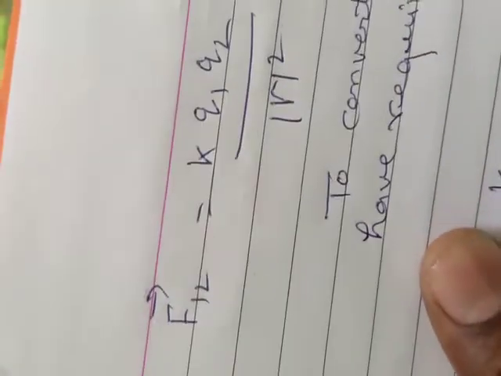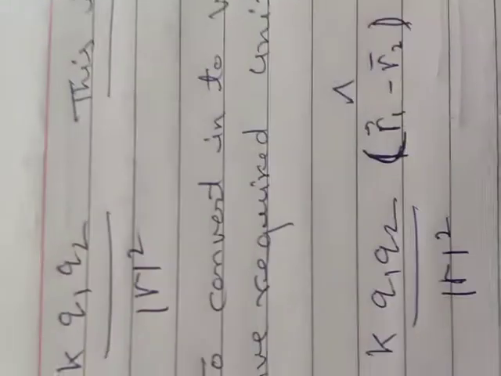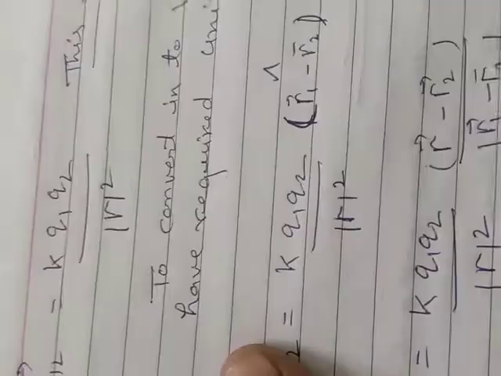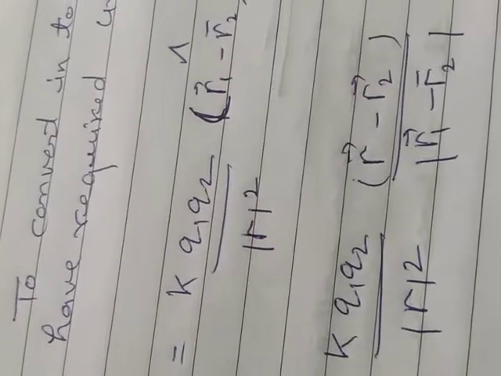Now F12 is equal to k q1 q2 by r square. This is the scalar form. To convert into vector form, we require a unit vector: F12 is equal to k q1 q2 by modulus r square, times the unit vector r1 r2, and we use a cap here.